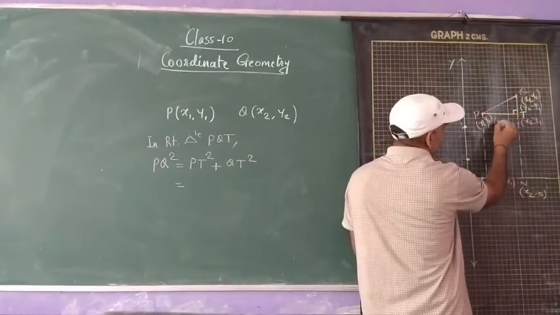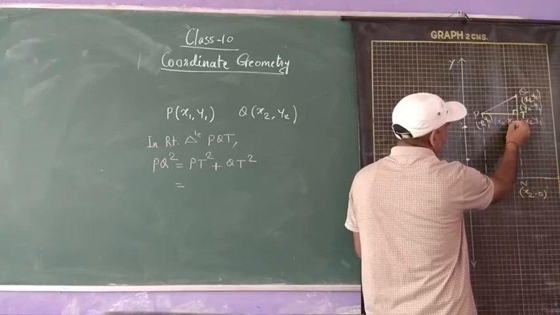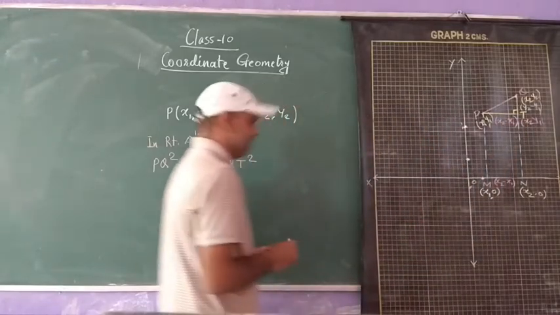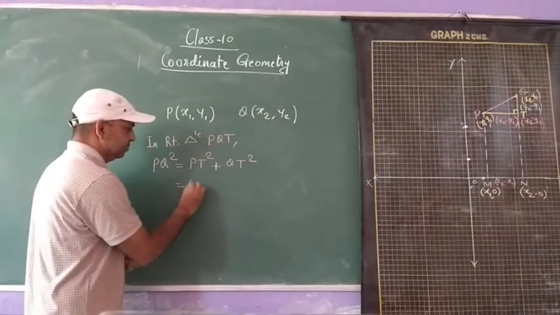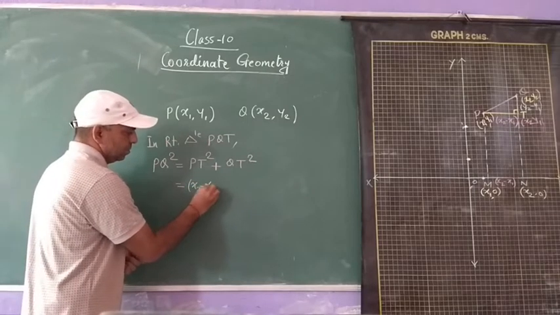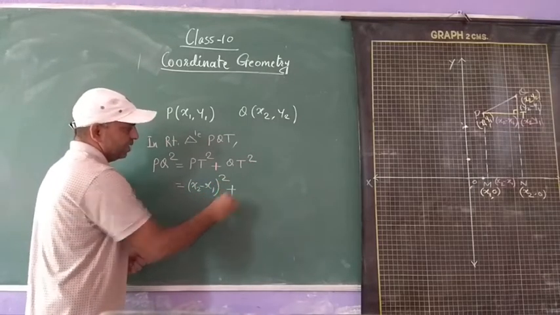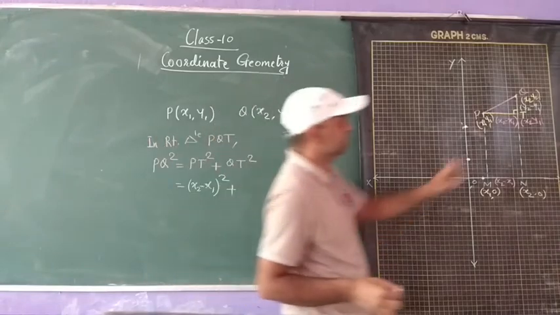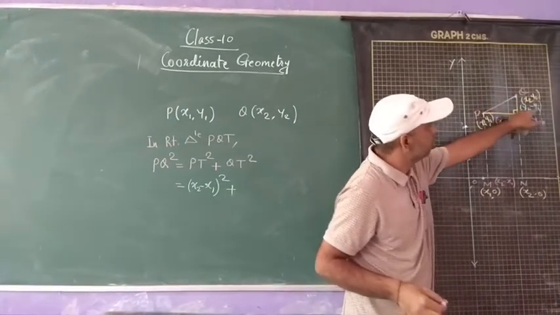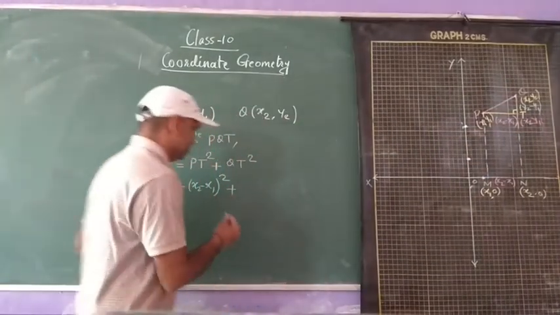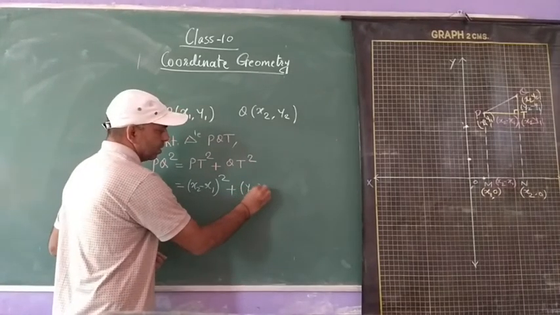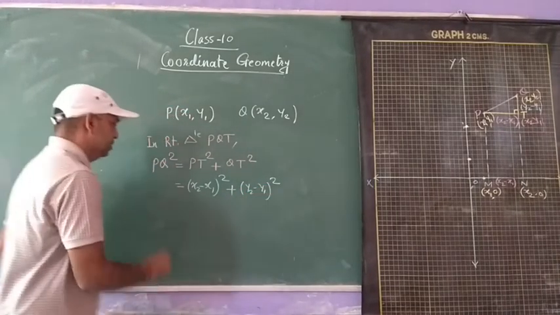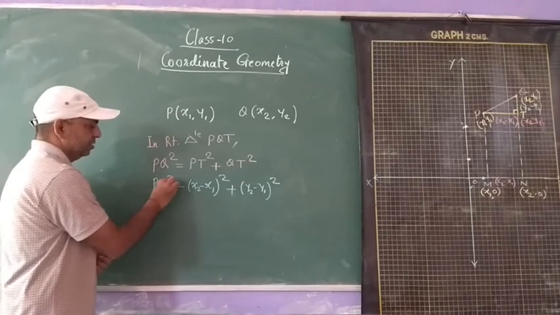So here it is x2 minus x1, whole square, plus QT square. What is the distance QT? QT is y2 minus y1. Okay, so this is PQ square.